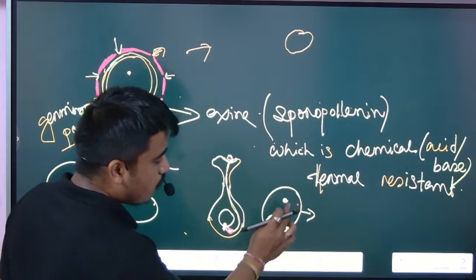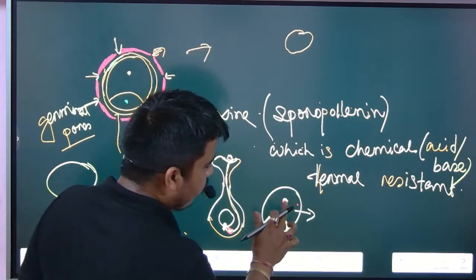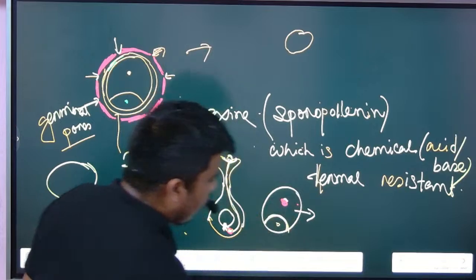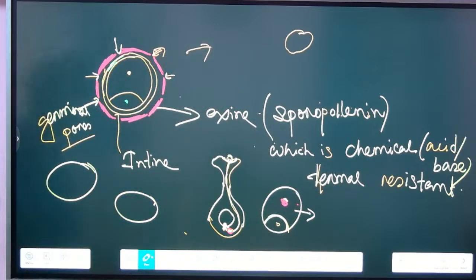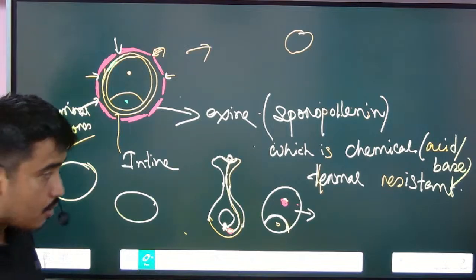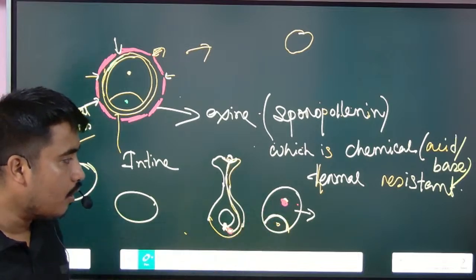So what is the function of this vegetative portion? Everything in this world has some functions, isn't it? There is nothing without a function; there is always a small role. What is the role of this vegetative portion?